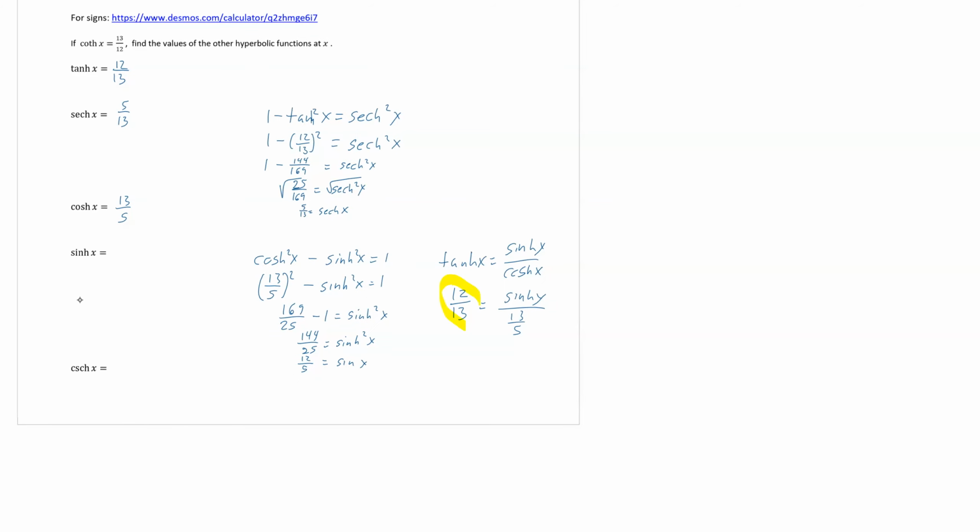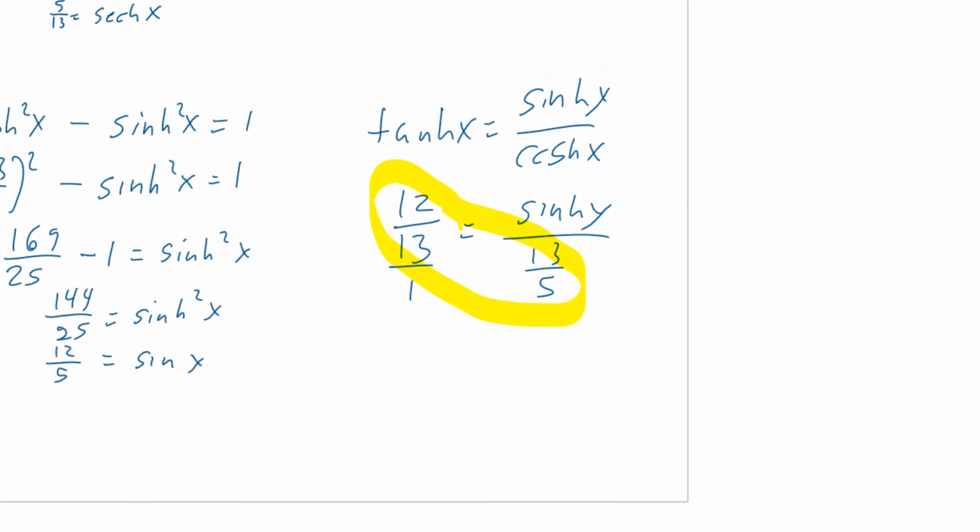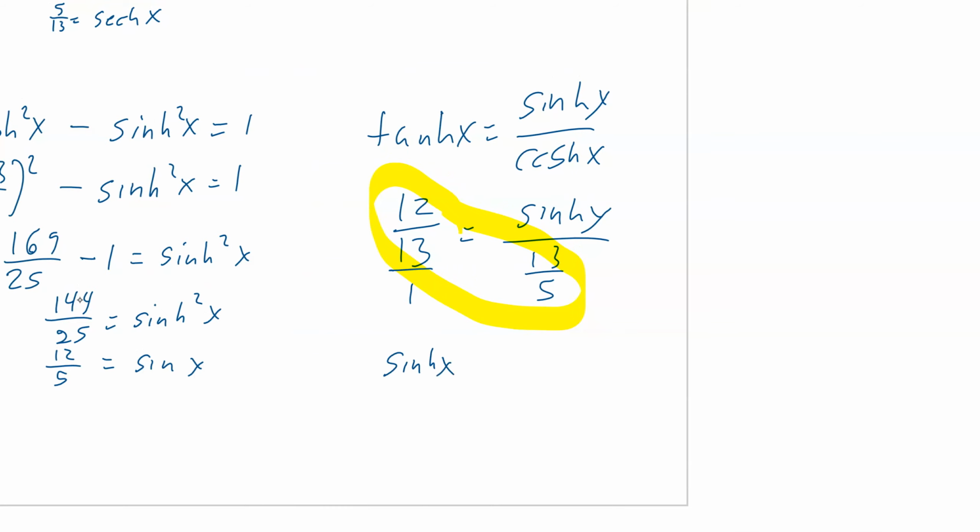We're going to just multiply this by this, and that would equal our sine, because this would just be over 1, and so on. So hyperbolic sine equals 12 over 13 times 13 over 5, cancel, cancel, it's 12 over 5.